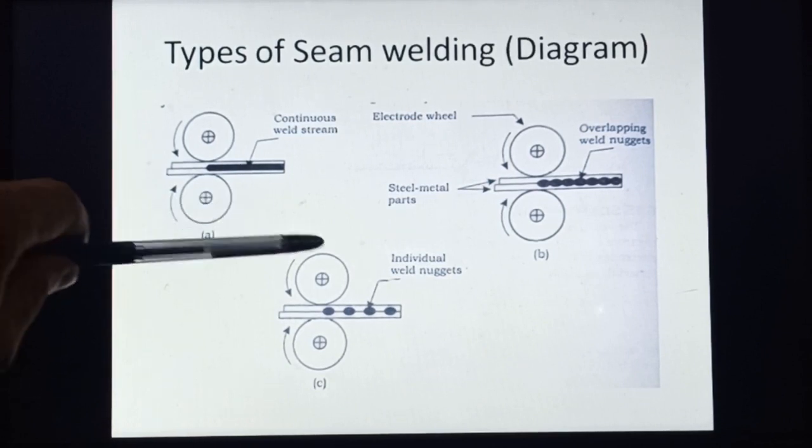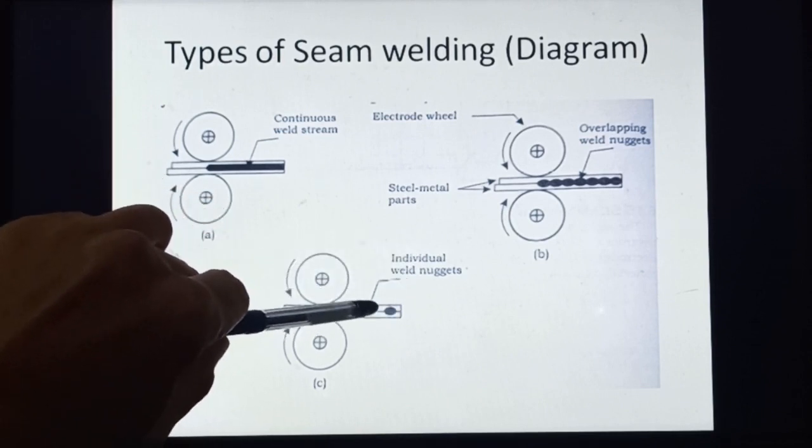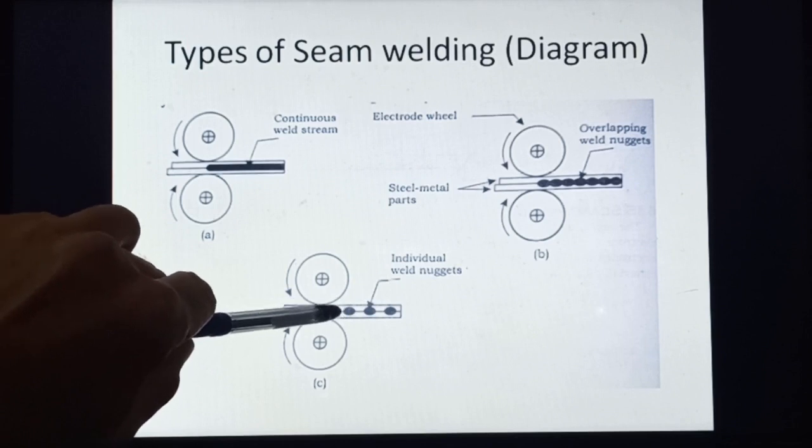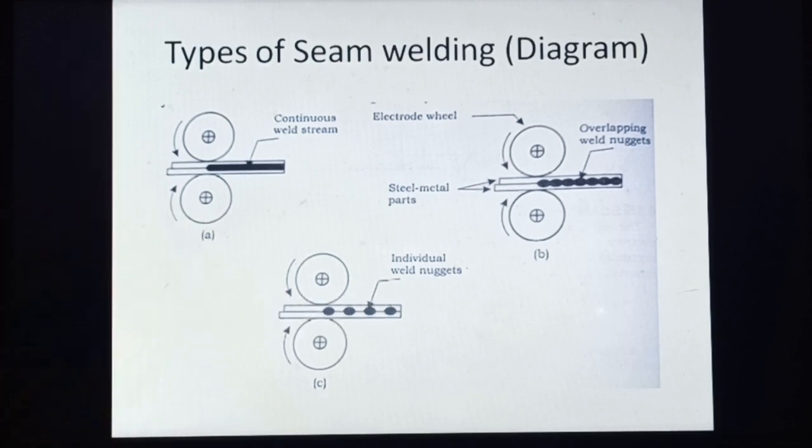And this is the third one, where individual weld nuggets are obtained. Each weld nugget is individual, with sufficient space in between them. This is obtained by increasing the time of switching the current off and on.